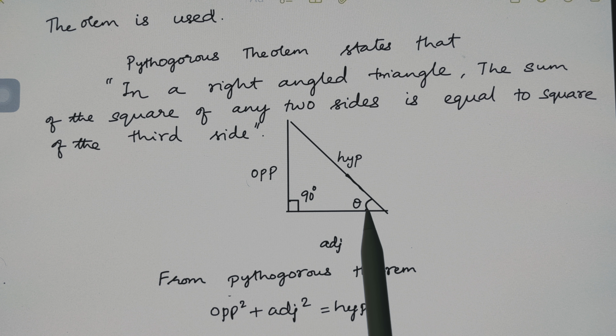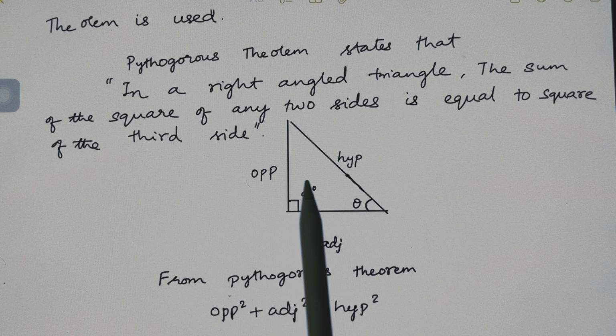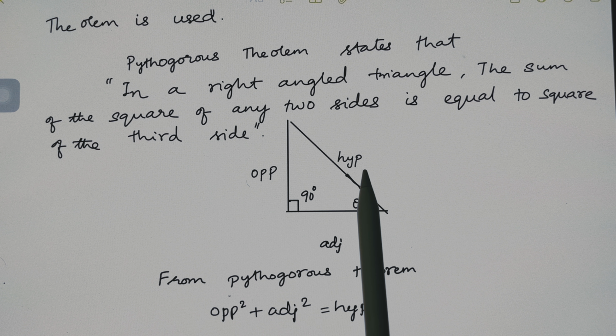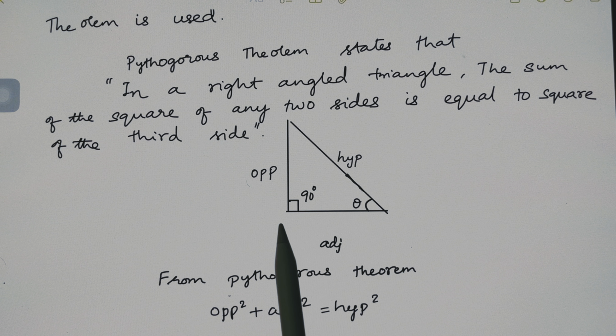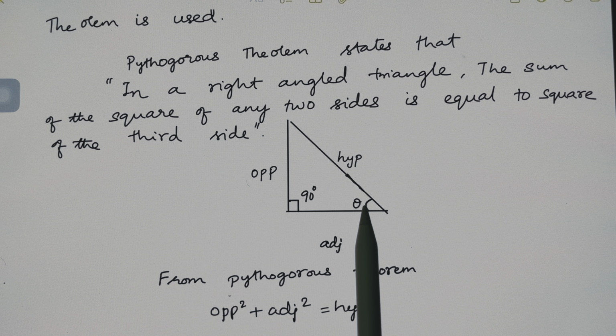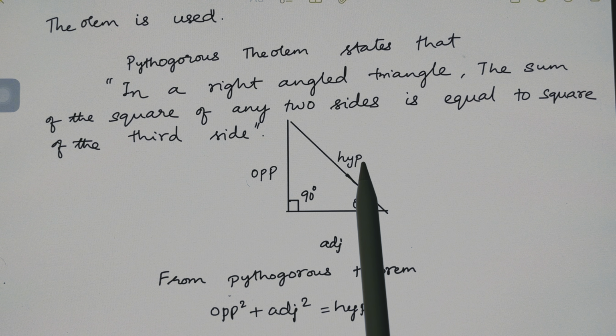If you consider this angle as theta, the side opposite to this angle is termed the opposite side, the side adjacent to 90° is termed the adjacent side, and the third side is termed the hypotenuse. So these are the three sides: the opposite side, which is opposite to the angle theta; the adjacent side, which is adjacent to 90°; and the third side, the hypotenuse.